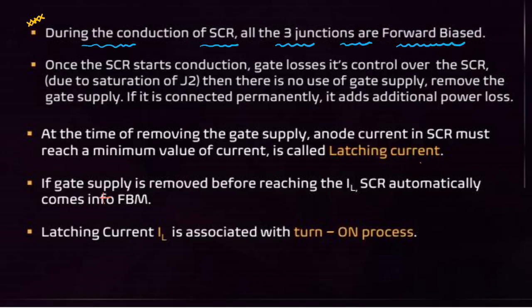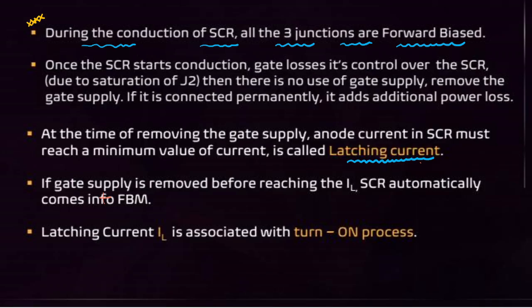At the time of removing the gate supply, the anode current in the SCR must reach a minimum value, which is called the latching current. That is, latching current is associated with the turn on process. Once the SCR starts conduction, there is no use of the gate switch; you can remove the gate signal. But at the time of removing the gate supply, the anode current must reach some minimum value.